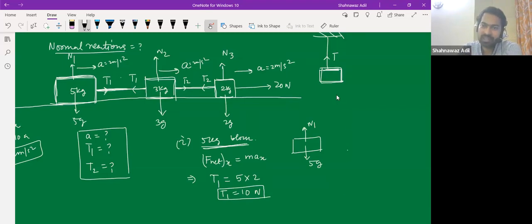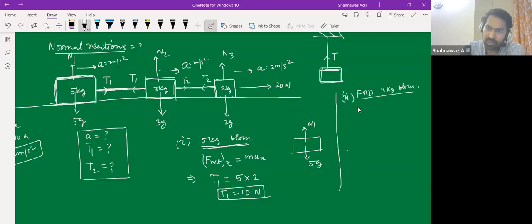Now, applying the FBD on the second, 3 kg block, in x direction. The equation of motion is F net equals ma, dropping the x part. What do I have here for the 3 kg block?